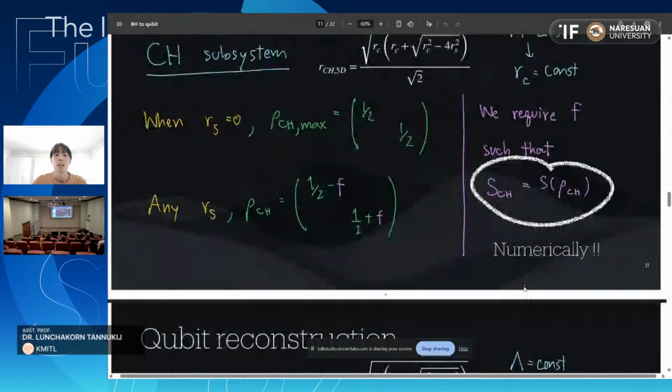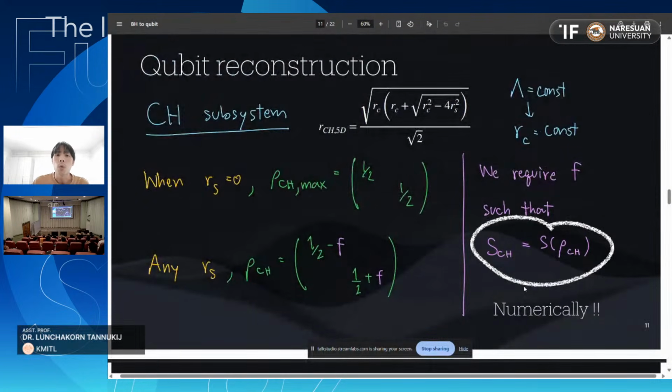Now, when n equals 2, we are talking about the 2x2 density matrix for the qubits. And I'm going to require that this density matrix, the density matrix for the cosmological horizon subsystem, should be maximized when Rs equals 0. So basically, I'm going to identify the point of maximum entropy for each system and join them together.